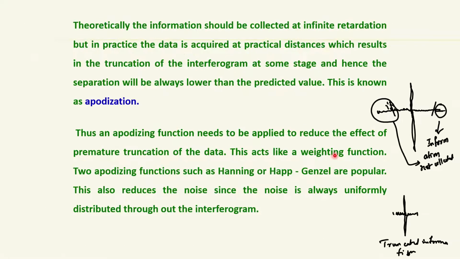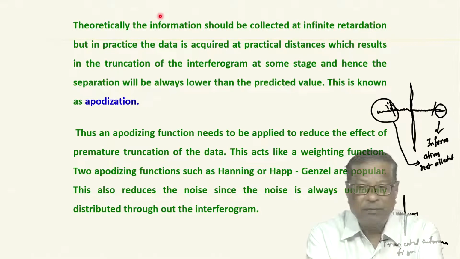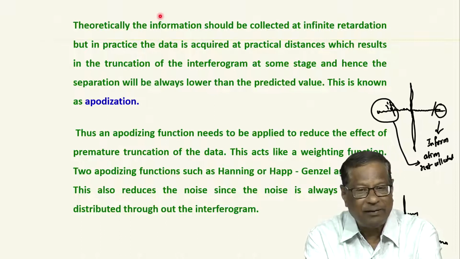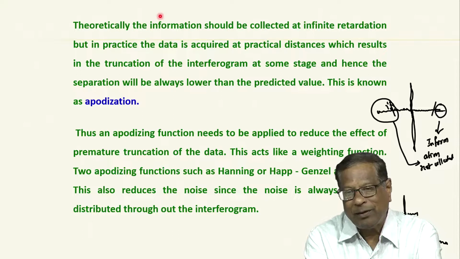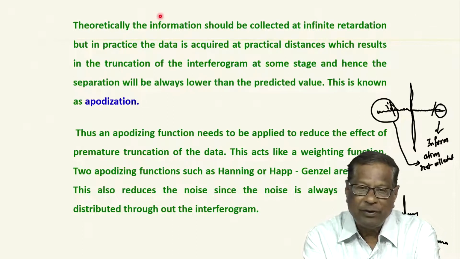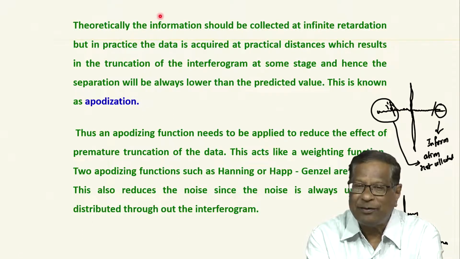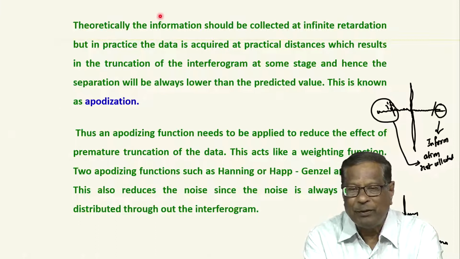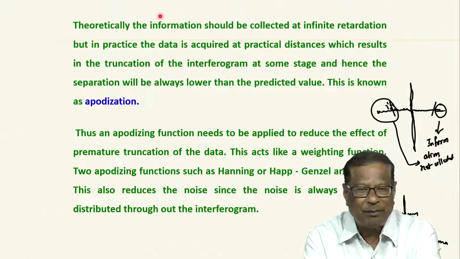Okay. I had also explained to you that the Fourier transform series is an infinite series. So we cannot apply it directly to a finite system, because in our interferogram we make the mirror move only 1 centimeter or 2 centimeters.